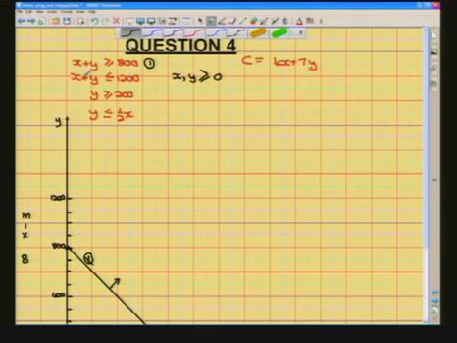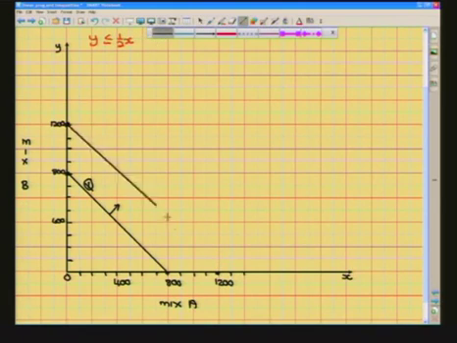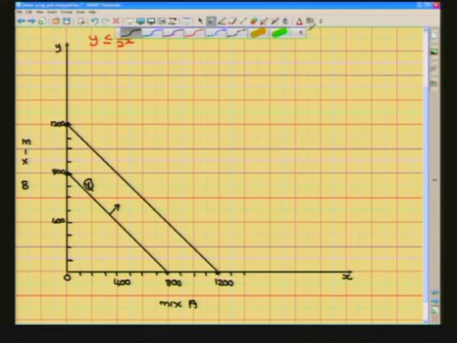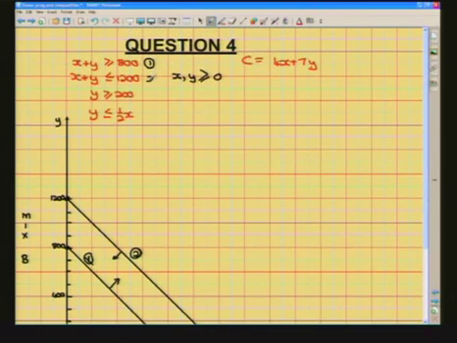Right, this next one, our x is going to be 1200 and our y is going to be 1200. You can go and work it out properly like I've shown you. So 1200 and 1200, and we are going to draw that line in. And our shading for this one will be underneath, and this is number 2. Number 2.